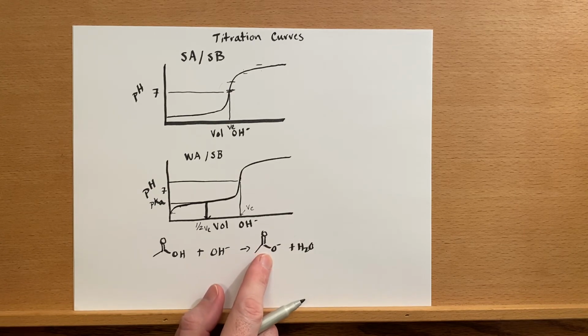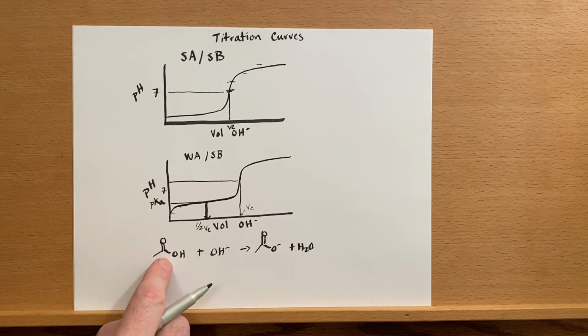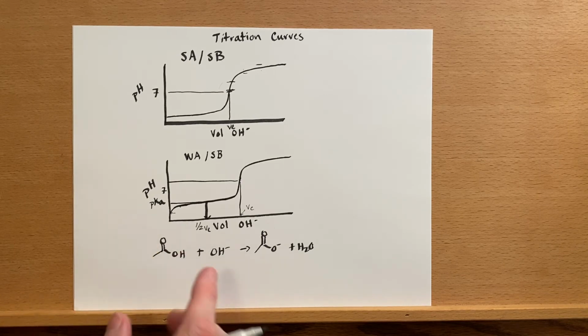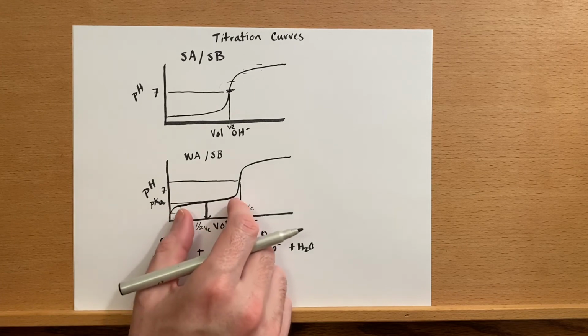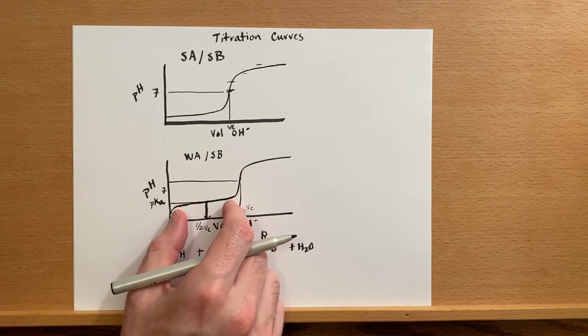At that point, we will determine how much base and how much acid is in the solution, and then put that into our Henderson-Hasselbalch equation using the pKa value, and then we can determine what the pH is at any given point along this portion of the titration curve.